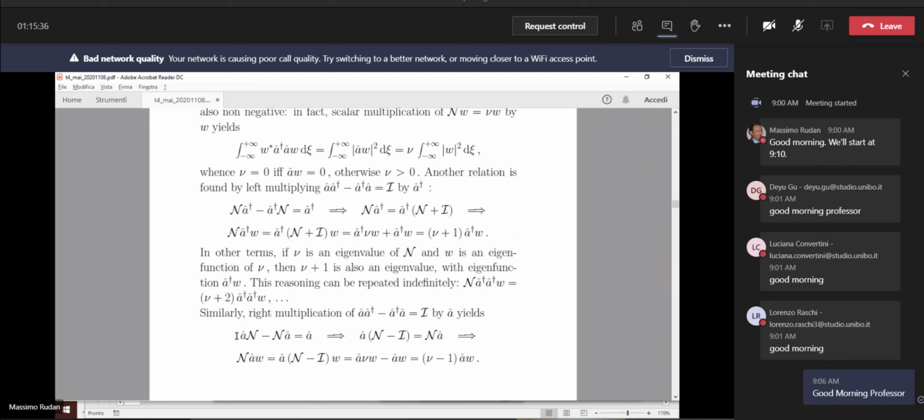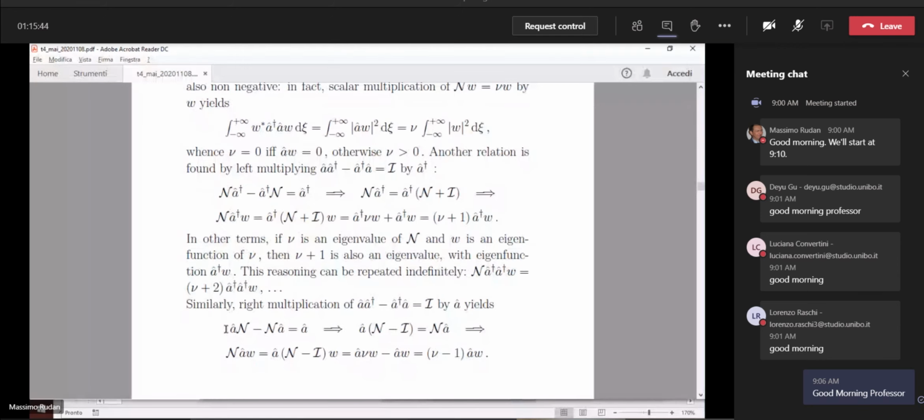Let's make another assumption, that the eigenvalues are not just any real numbers, but integer numbers. So let's simply assume that Ni is an integer. When we proceed upwards in the ladder, nothing changes. We have Ni plus 1, Ni plus 2, they are all integers.